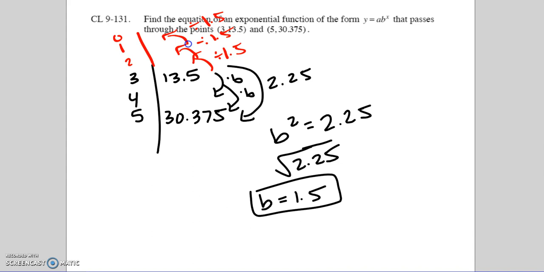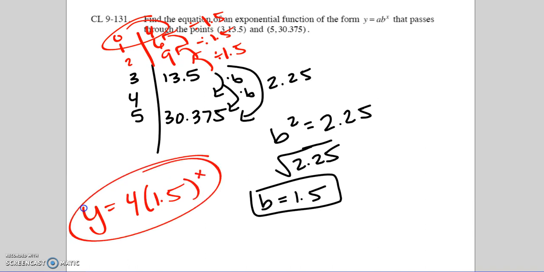So when I do 13.5 divided by 1.5, I get 9. 9 divided by 1.5, I get 6. And 6 divided by 1.5, I get 4. So my initial value is 4, so my equation would be 4 times the multiplier 1.5 to the x power.